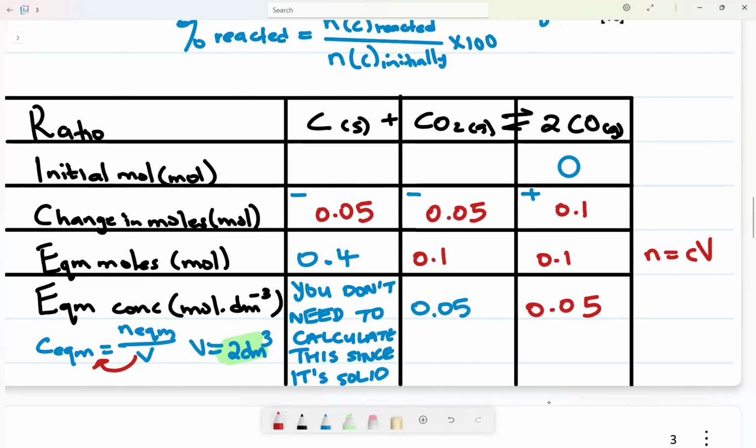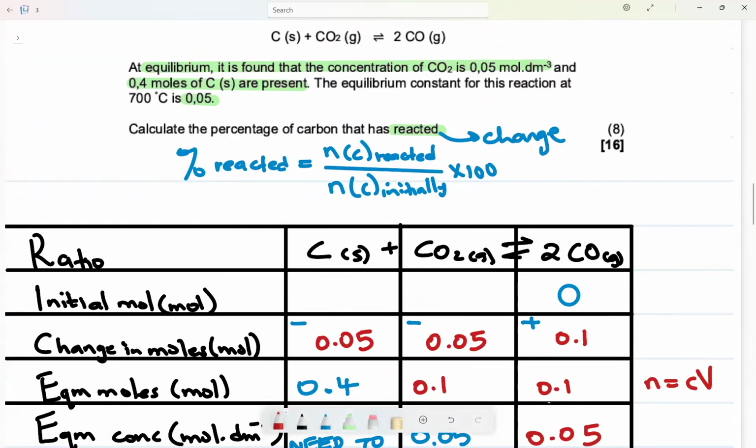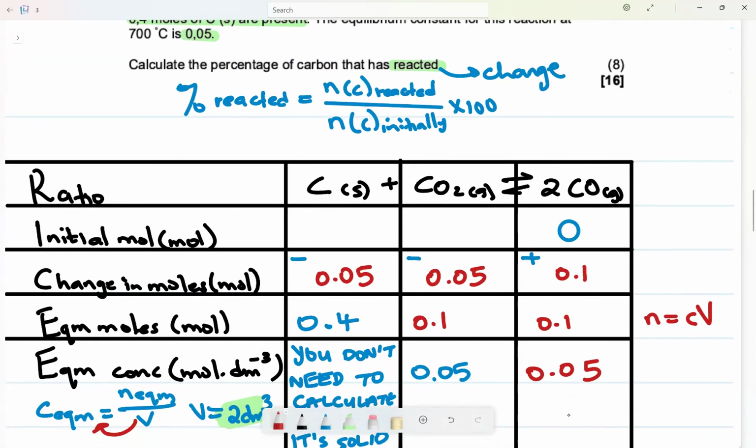Now, remember I told you to calculate the percentage of carbon that has reacted, you're going to say number of moles of carbon that has reacted divided by number of moles of carbon initial. So I might jump straight to this block and say I need the initial moles of carbon, which is going to be X minus this is going to be that.